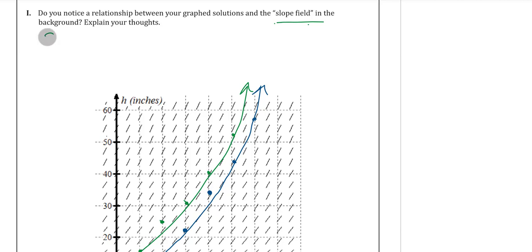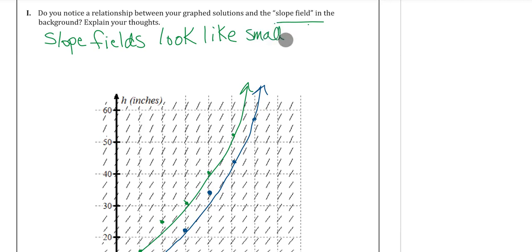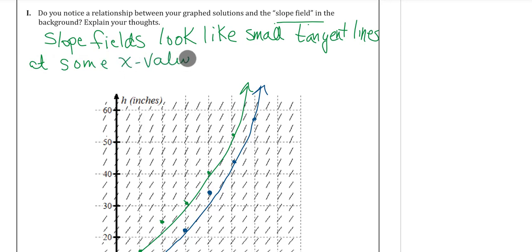So slope fields look like small tangent lines at some x value, or in this case, we were dealing with t, so some time.